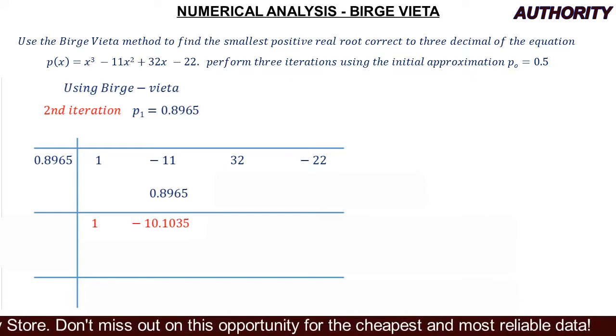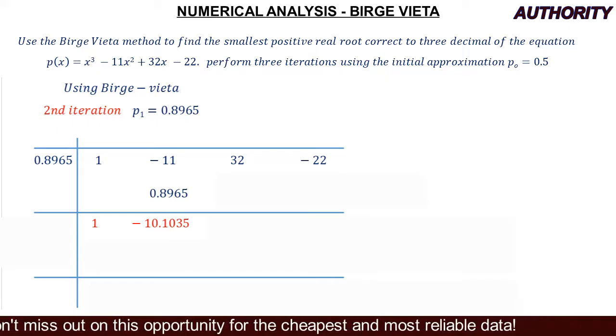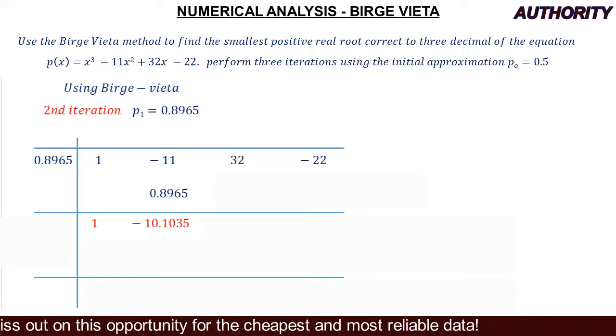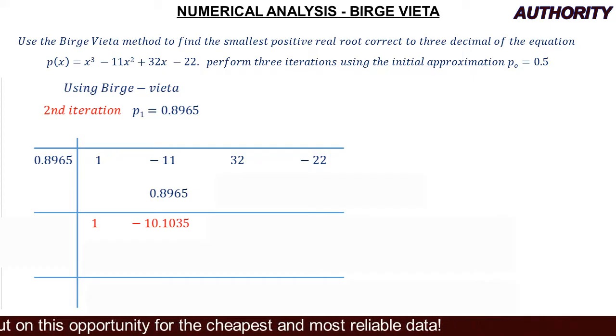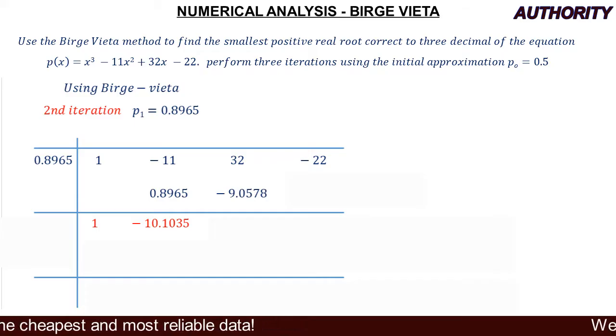minus 10.1035. The product we have here, multiplied by P1, is going to be minus 9.0578.